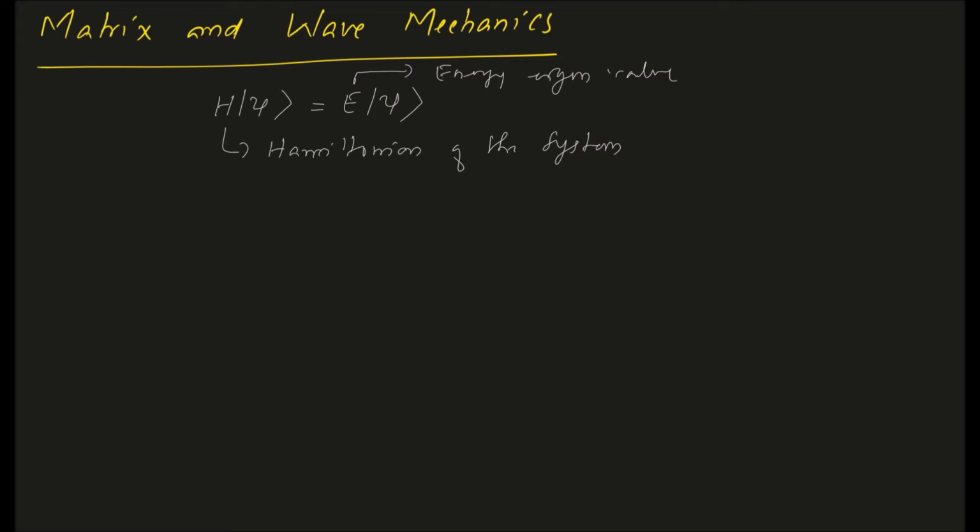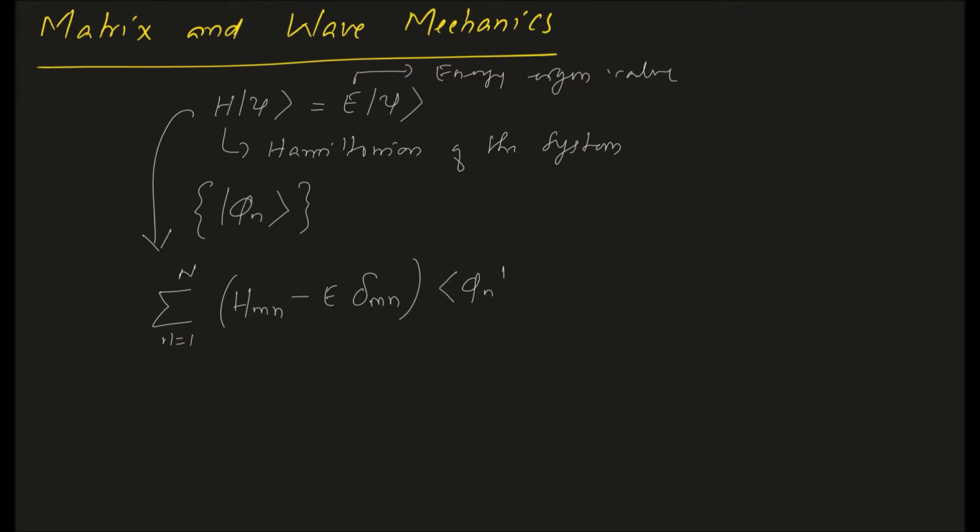So let's consider a discrete basis set phi n, and if you are considering this discrete basis set, then the same eigenvalue equation will become something like sigma n equal to 1 to n, h mn minus E delta mn, phi n psi equal to 0.